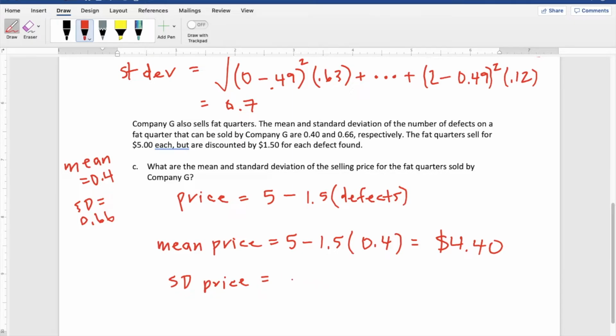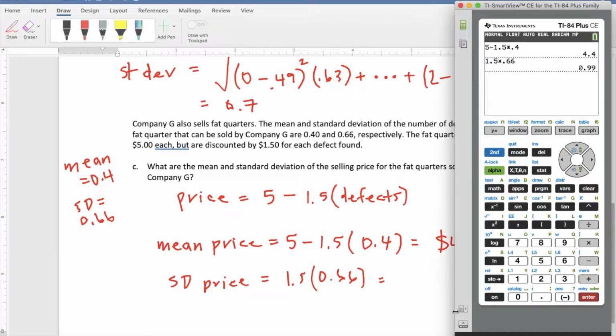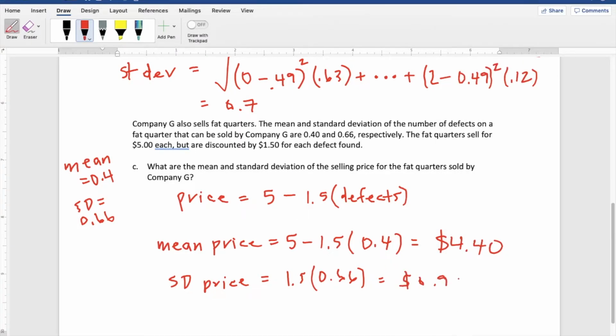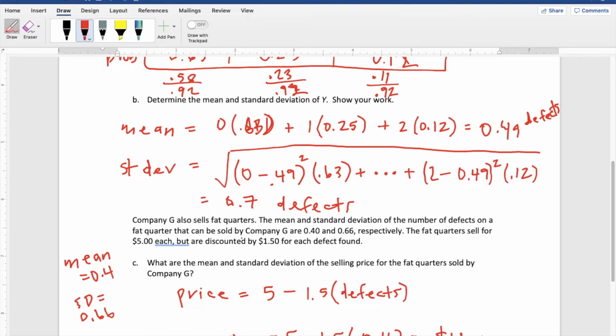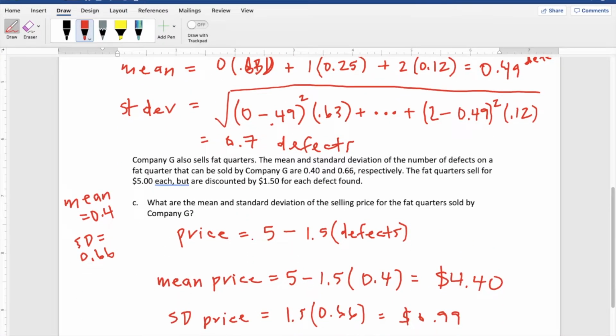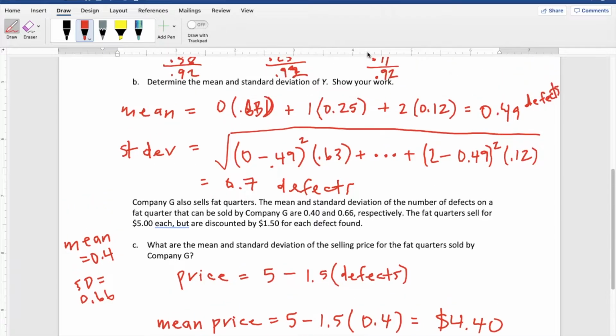So I'm only going to do 1.5 times the standard deviation for the number of defects, which is 0.99. And then the other thing I wanted to mention for part B and part C in the scoring: if you got both your numbers correct or even showed all of your work, but you didn't label which one was the mean and which one was the standard deviation, you would get partial credit. So it's really important to label your things and to put units.